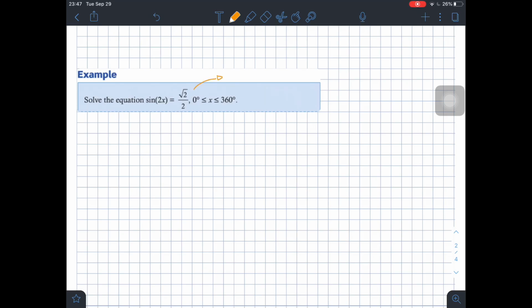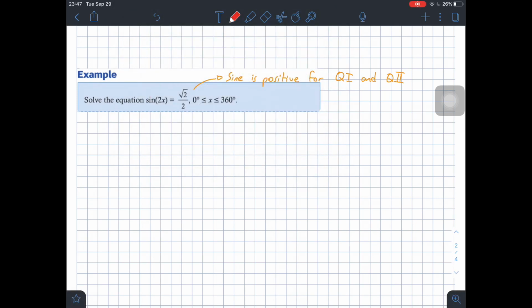So sine is positive for first quadrant and second quadrant. So we have one full rotation, 2 possible answers. So we must expect 2 answers.